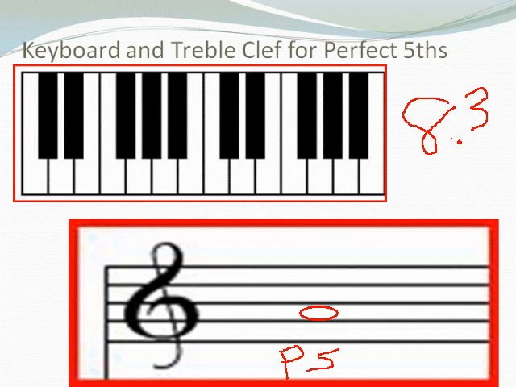how do you write the line or space? I'm not sure what your question is, Latina. Ask it a different way. Maybe I can help you there. The note that's given is an A, and it asks you to do a perfect fifth above it. So again, you're going to find out what a fifth above A is.